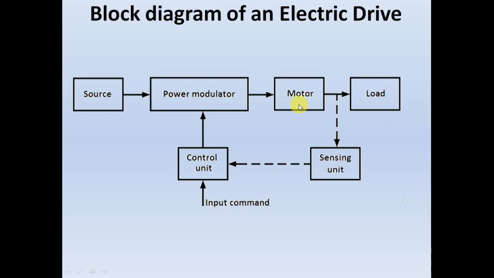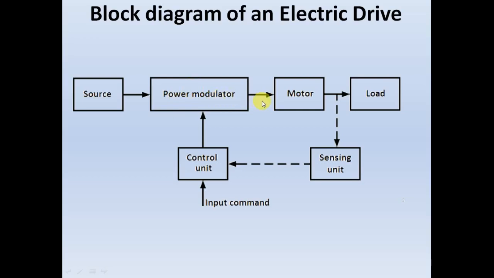In any case, if the motor is taking a very large current compared to the rated current, then while sensing these input parameters, the control unit comes to know that the motor has taken a very large current for a very small interval of time. Then suddenly the relay circuit will trip the gating circuit. Simultaneously, there will not be any gate signals provided to the power modulator.